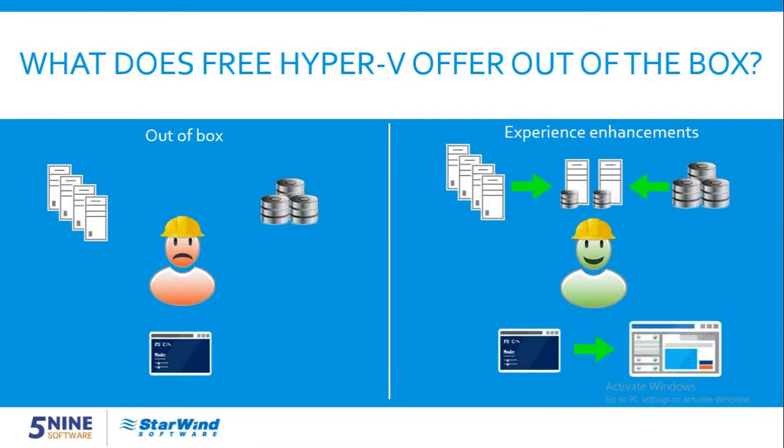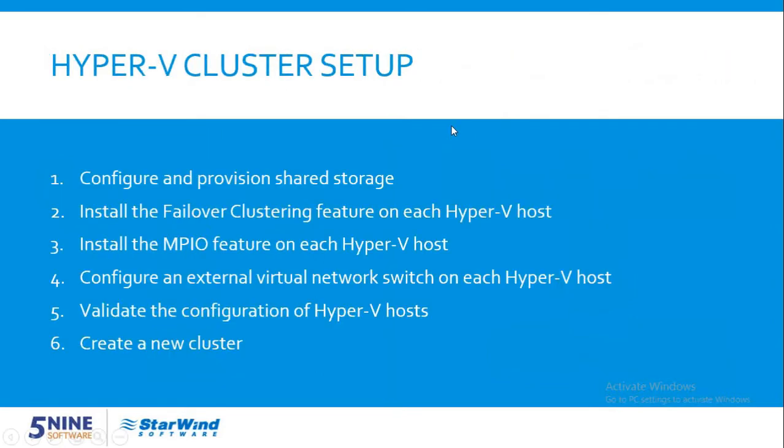Let's say a few words about what you need to actually set up a Hyper-V cluster. The very first step, you really need a shared storage. Obviously, virtual machines are stored there, and you need to make sure that it is configured and provisioned correctly.